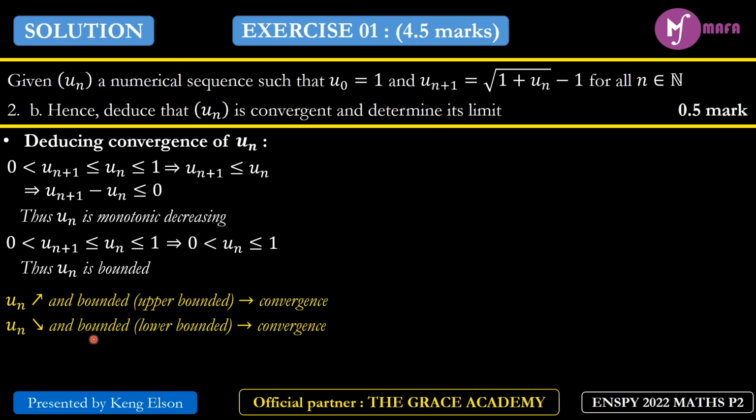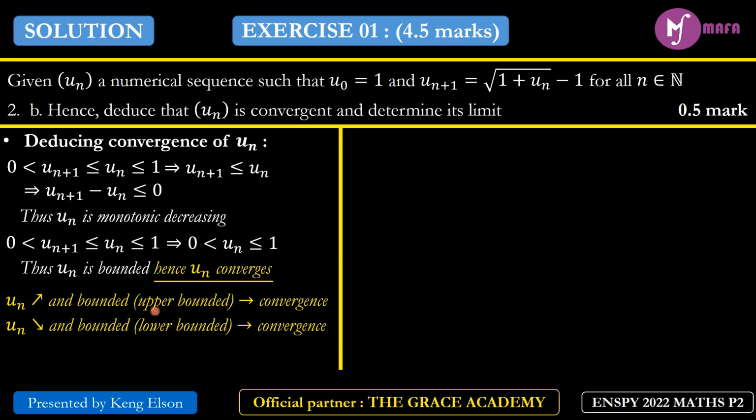Next, if the sequence is decreasing and bounded, it also converges. So it therefore means that this sequence is monotonic decreasing and it is bounded, so it therefore converges. Okay, so that's the conclusion we can make from here, that it's actually a deduction that since it is monotonic decreasing and it is bounded, therefore it converges.